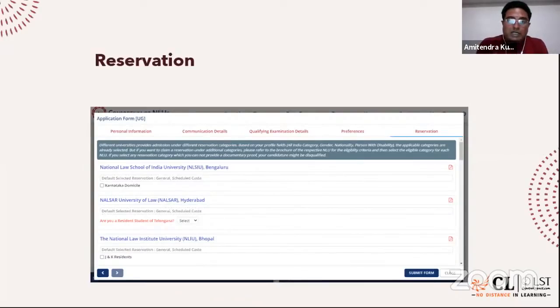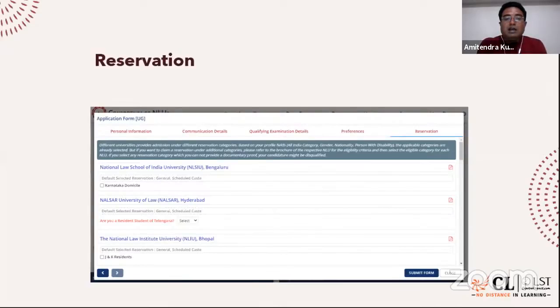The moment you select yes, you will be prompted with a screen asking whether you satisfy the given conditions. For example, to avail the benefit, if you are from the state of Telangana, you must be there for at least 4 years in the last 7 years. So that's the domicile criteria, not the usual 10 years time frame or by birth. That's the minimum criteria they are talking about. So in the last 7 years, you should be there for 4 years.